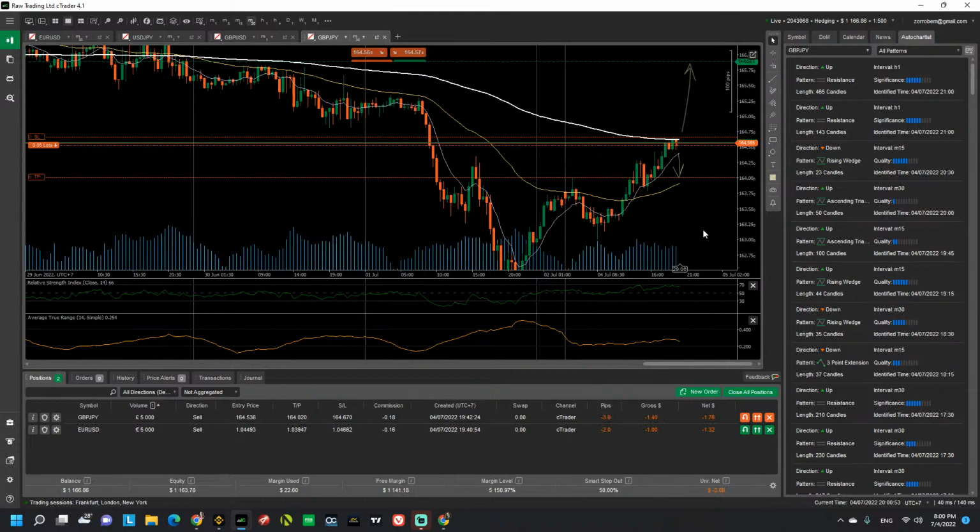Okay, look, we're on the losing side. It's going up, trying to break the 200 MA. Now if it breaks the 200 moving average, there's a possibility that it will go up.